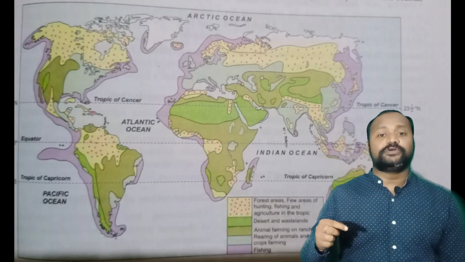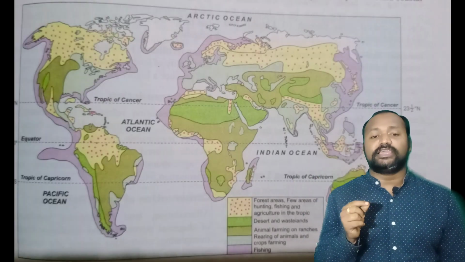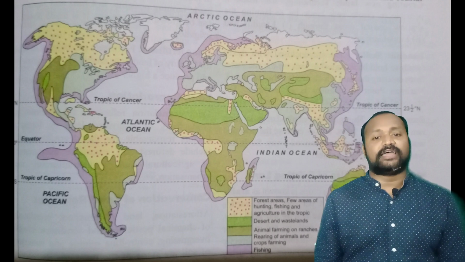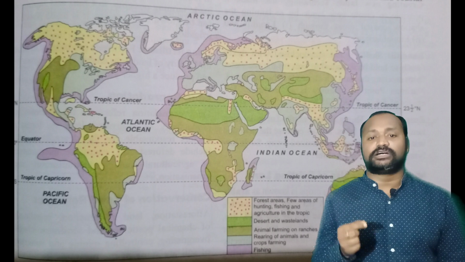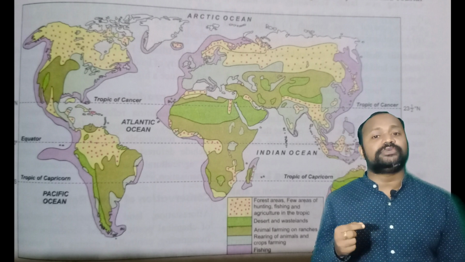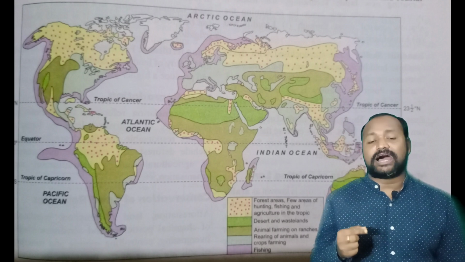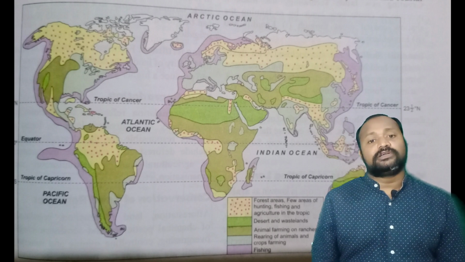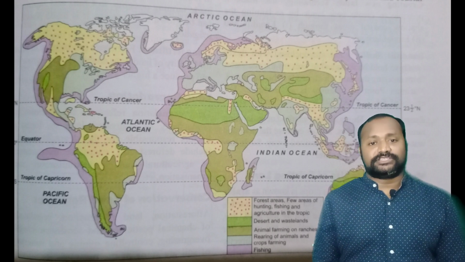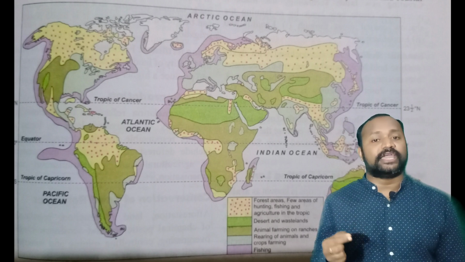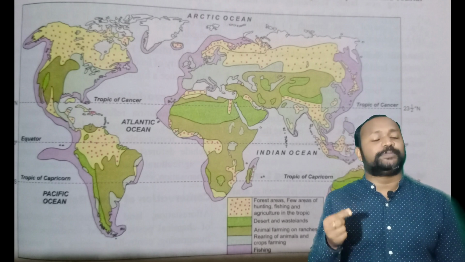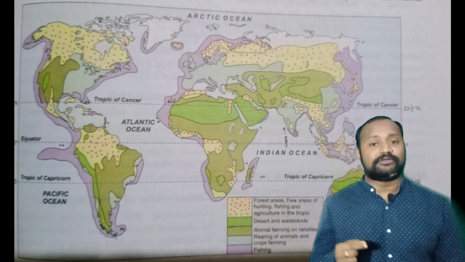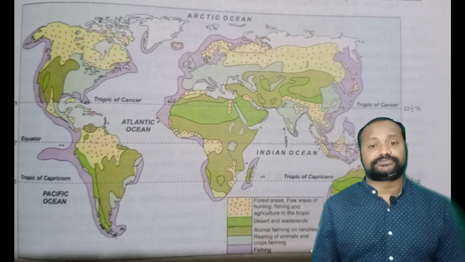Students, if you see here, you can easily see that very little land over the earth's surface can be used for our benefit. Land utilization of a particular area depends upon various factors like topography, climate and vegetation.